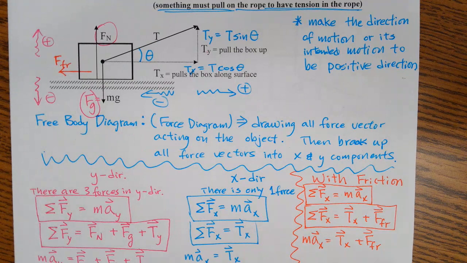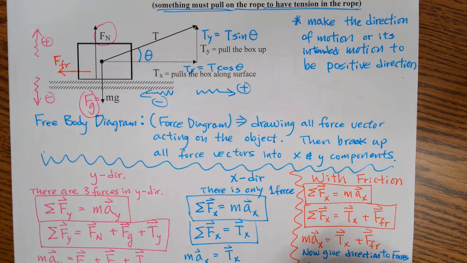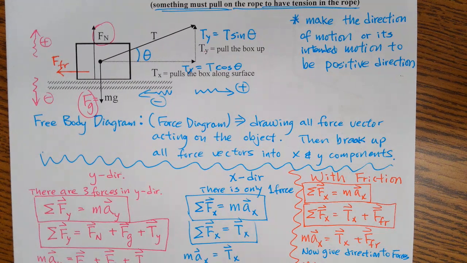Now I'm going to take the vector symbols out by giving direction to forces. Okay? Now, if I give directions to the force vectors, my max, which we don't know if it's going to be negative or positive, we can't really give direction to this yet unless we know.